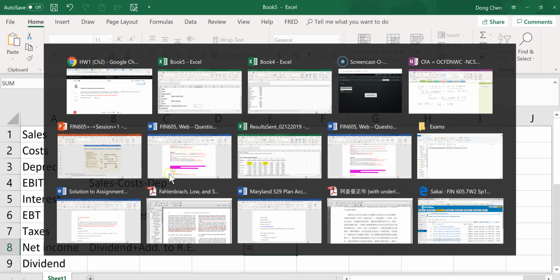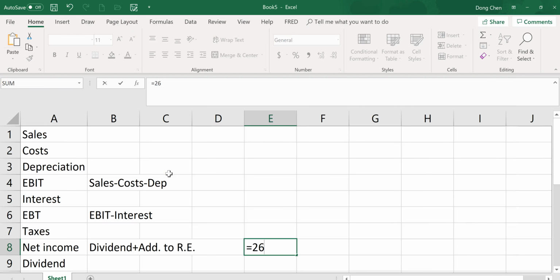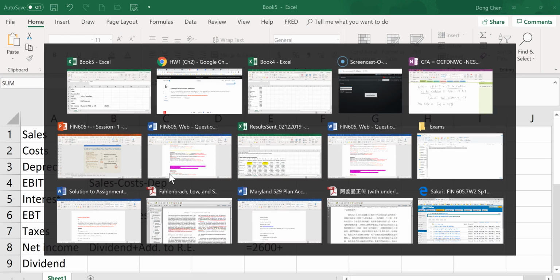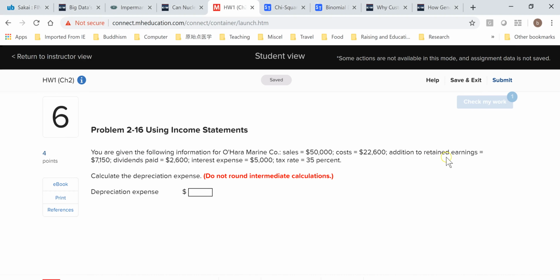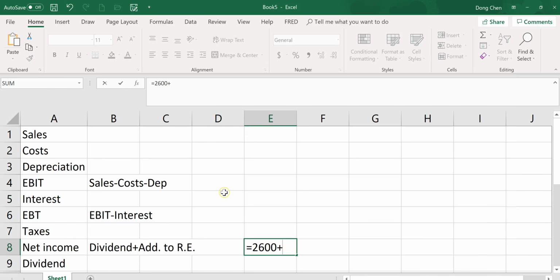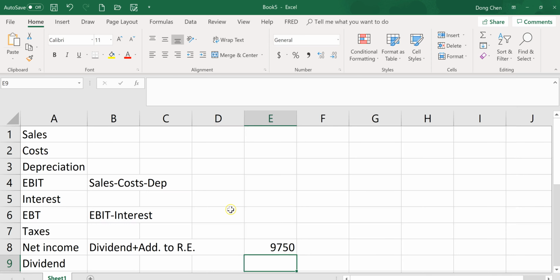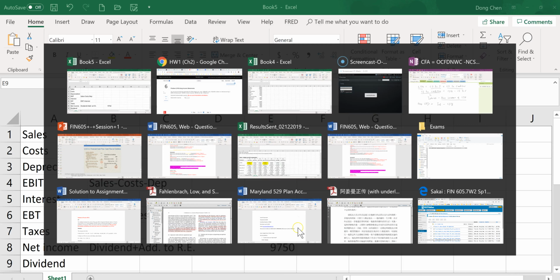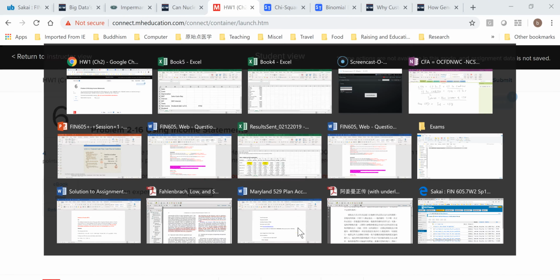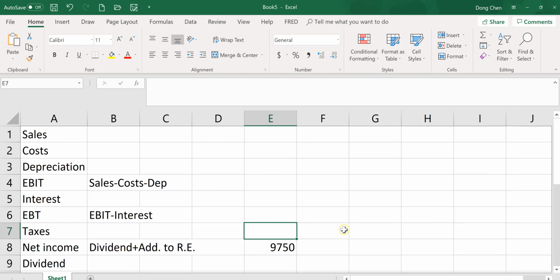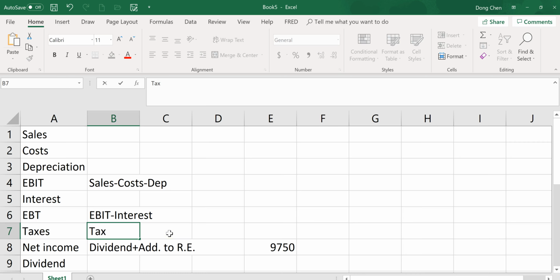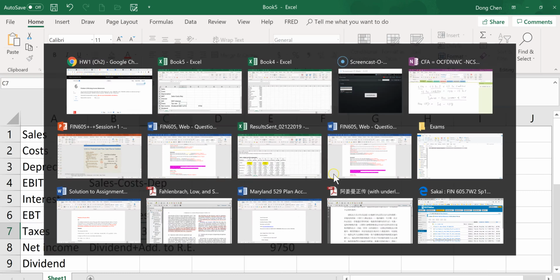So dividend is 26,100, and then the addition to retained earnings is 7,450. So that's net income. And taxes, how can we figure out the taxes? Here we know the tax rate is 35%.